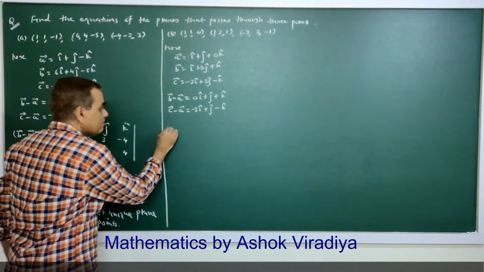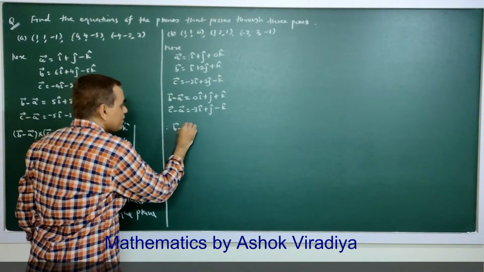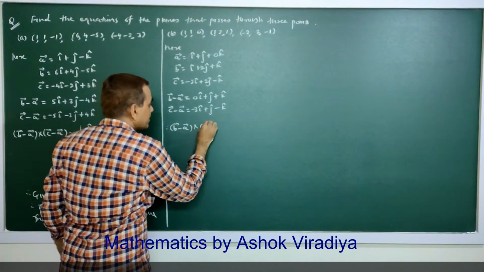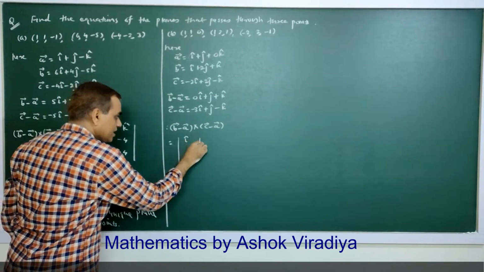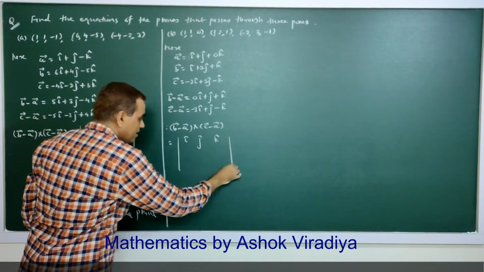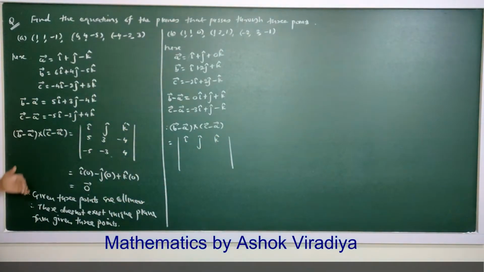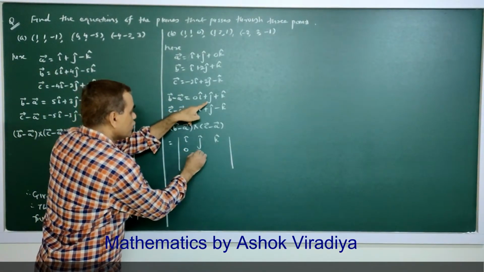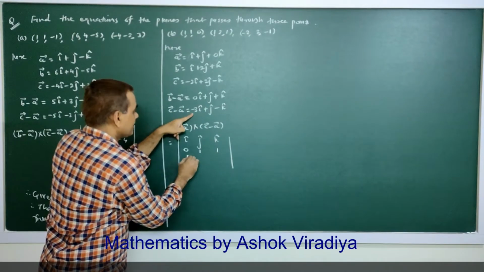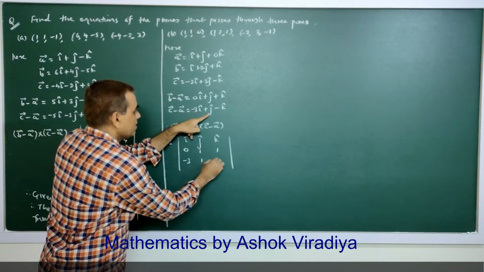Then we find vector b minus vector a cross vector c minus vector a. So it is equal to i, j, k. See, we are performing similarly. So vector b minus vector a components are 0, 1, 1. Then here minus 3, 1, minus 1.